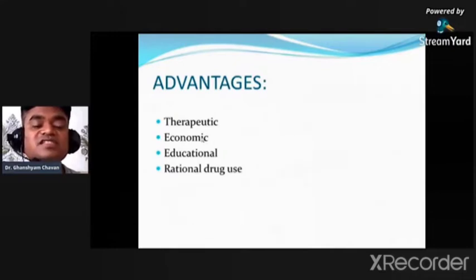They have opened various Janta medicals all over India. Earlier they were developed at district level, and now they are available at tehsil level and village level also, so that life-saving drugs or important drugs reach each and every person, including poor people who are not able to purchase higher range or costly drugs. They can purchase the drugs which we are getting at a cheaper rate. In this fashion, in economics also, this formulary plays a great role.